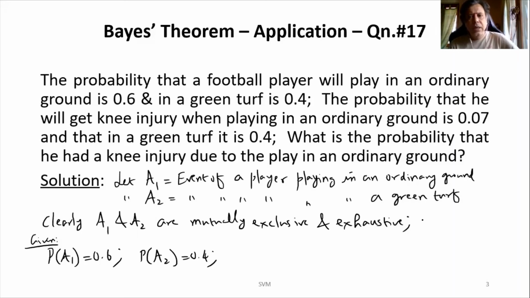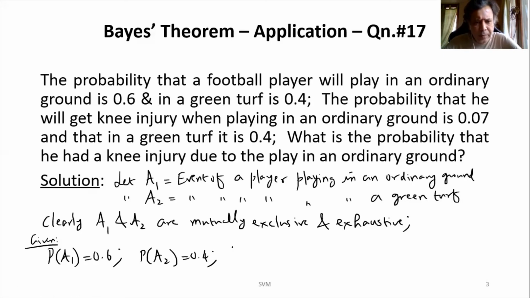Now, what else is given? The probability that the player will get a knee injury when playing in an ordinary ground is so and so, and in a green turf it is so and so. That means getting a knee injury is common in both the events.